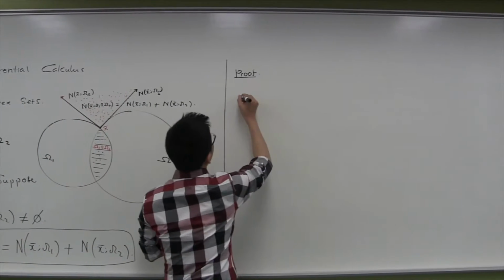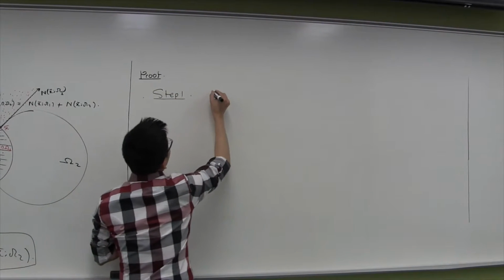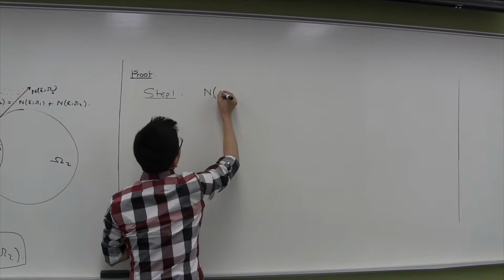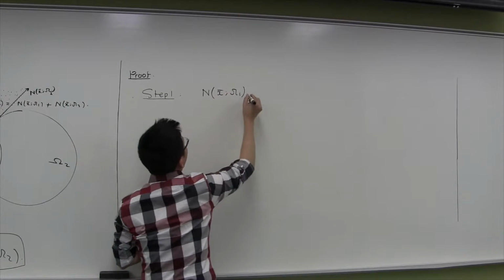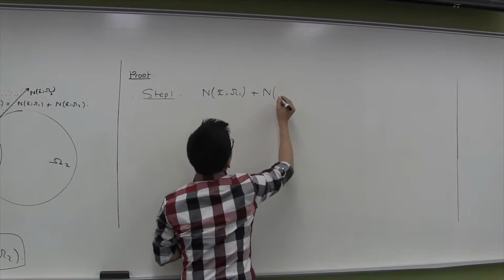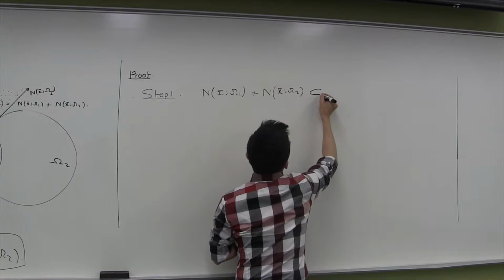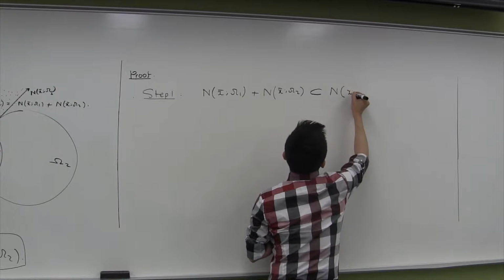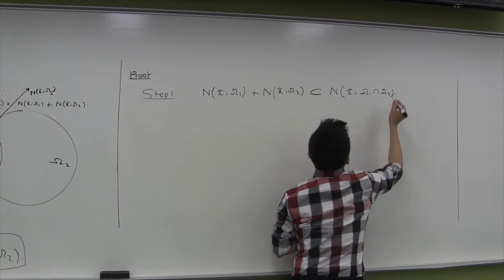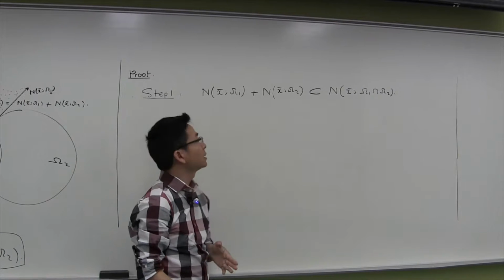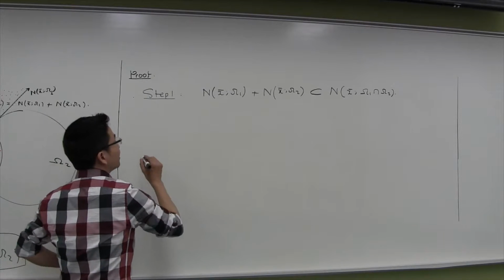In the first step, I'm going to show that the sum of the normal cone to the set omega 1 at x bar and the normal cone to the set omega 2 at x bar is a subset of the normal cone to the intersection of omega 1 and omega 2 at x bar. This proof is simple, okay, and it follows directly from the definition. Okay, so the proof goes as follows.